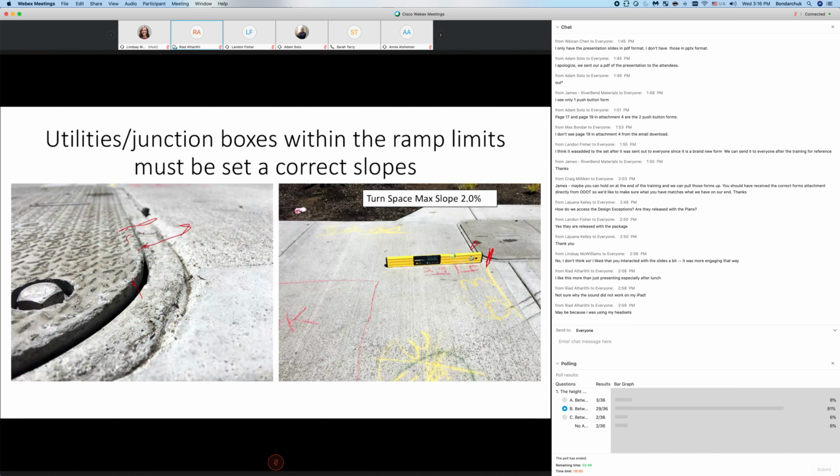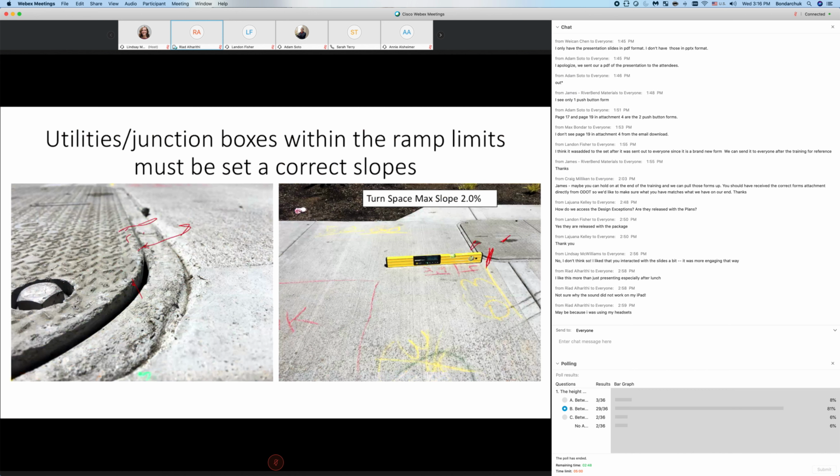If you end up in this situation, these lids need to be strictly flush and meet the slope and all the requirements as in ADA. The mere existence of this junction box or bolts does not mean they could have a different standard than the ramp. They still have to meet all the ramp standards.